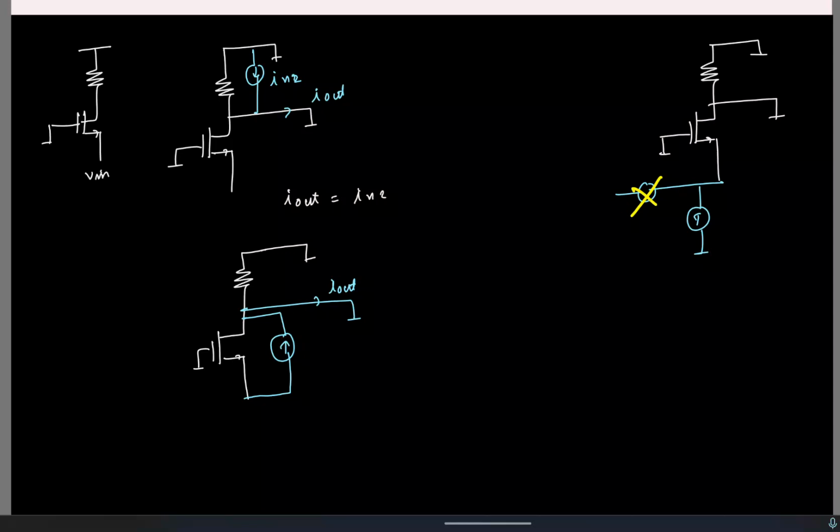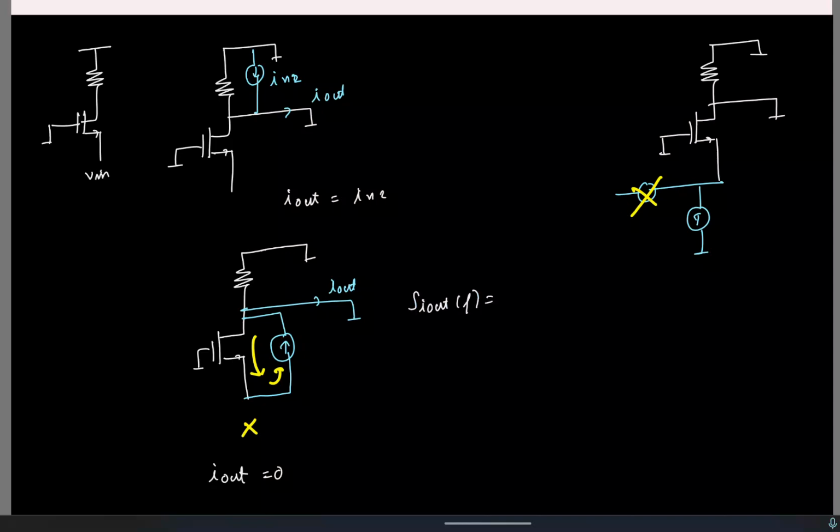Is it okay? This is open here, so whatever current comes has to go here. Nothing will go into Iout. You can write KCL and find out, but Iout will be 0. So in this case, the only noise current is due to the resistor.